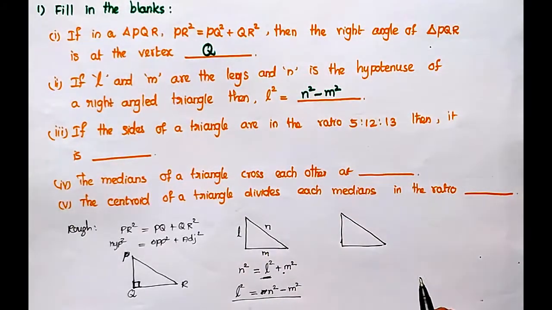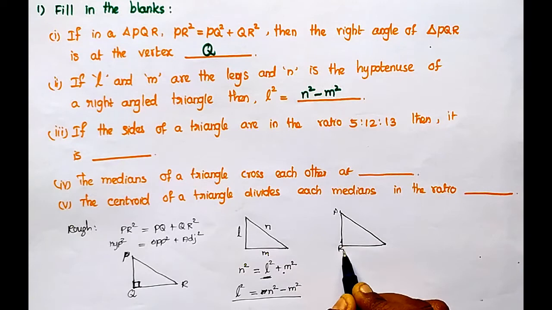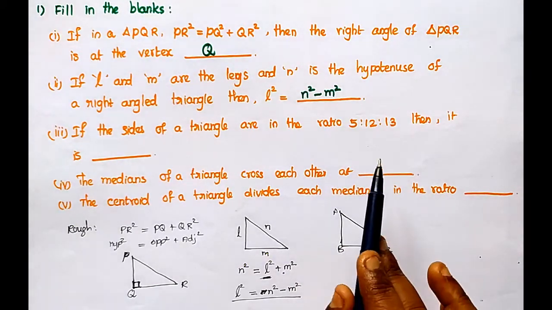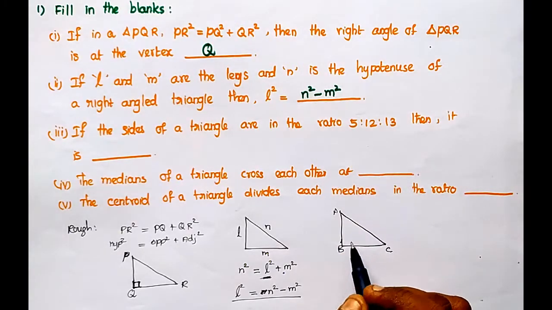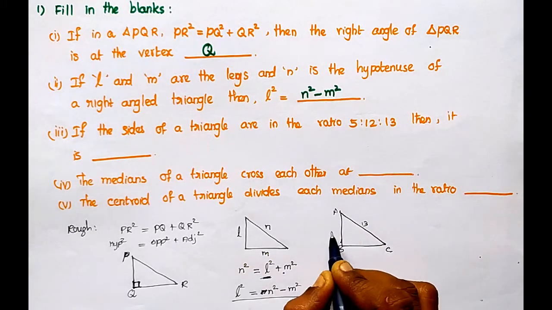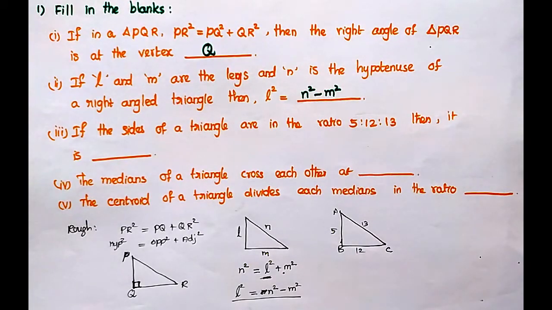Listen, here A, B, C. Hypotenuse is the longest side. We know that very well. So that is 13. Here 5, 12. So what's the answer here? That is the right angle triangle, if they satisfy this one.